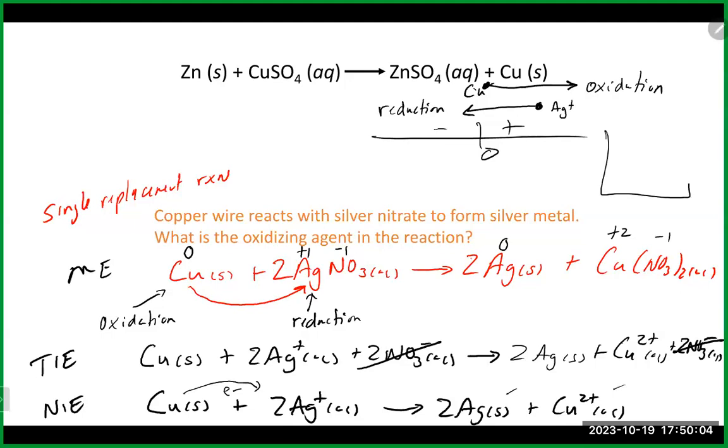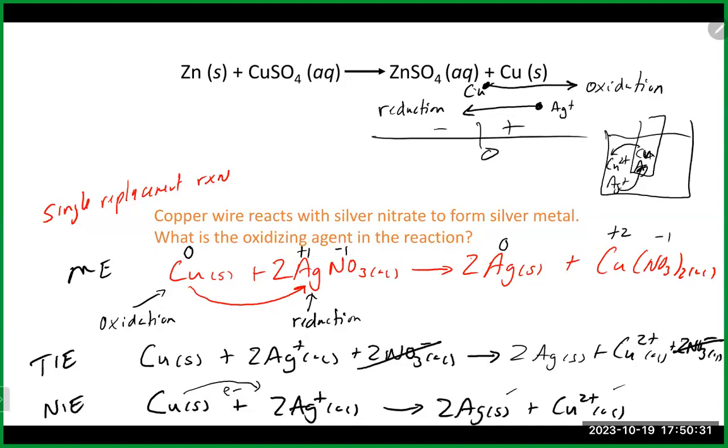What's essentially happening in this case is you have copper metal. You've got silver ions floating around. Copper is going to lose some electrons and go for a swim. Silver is going to gain those electrons and basically come out of solution as a solid in that case. They're going to actually transfer electrons, and that's what's going to happen in this particular case.